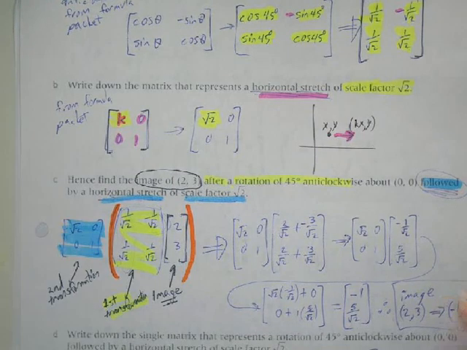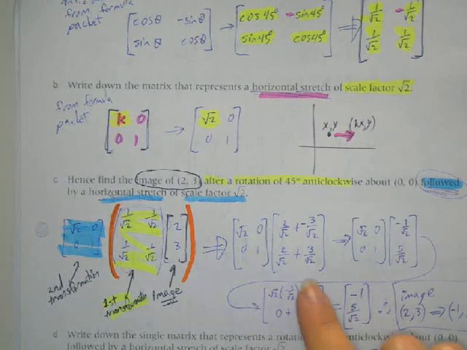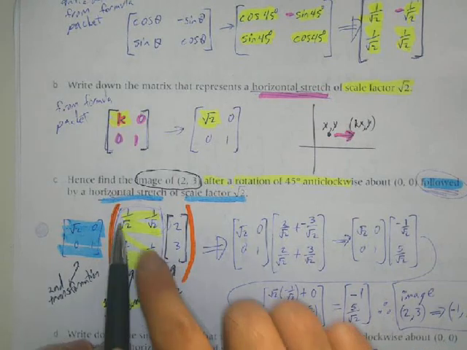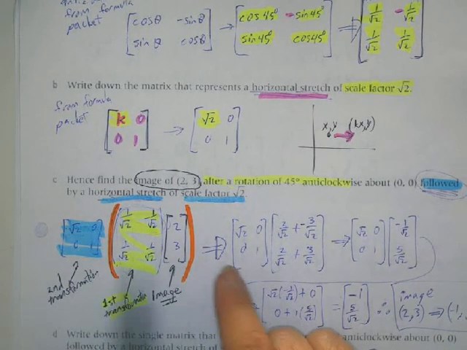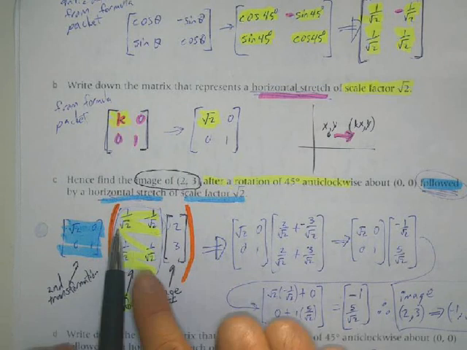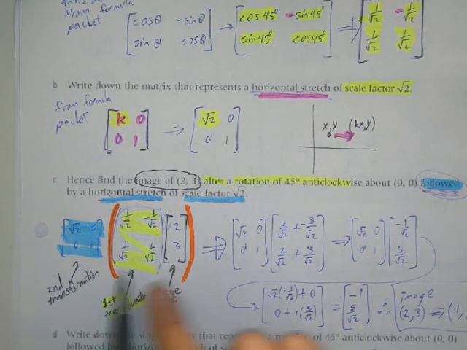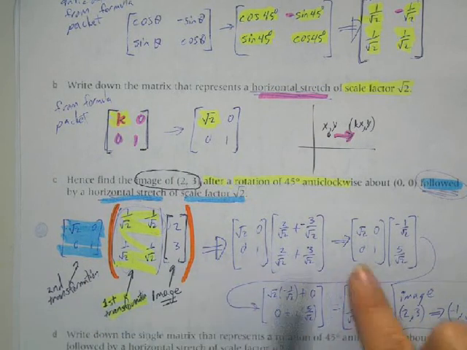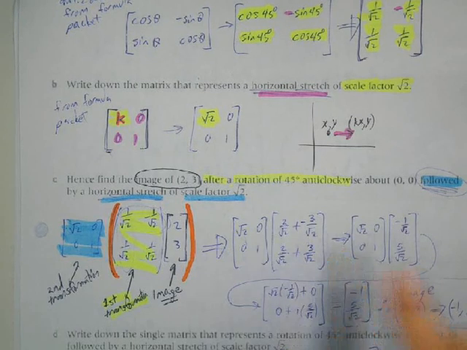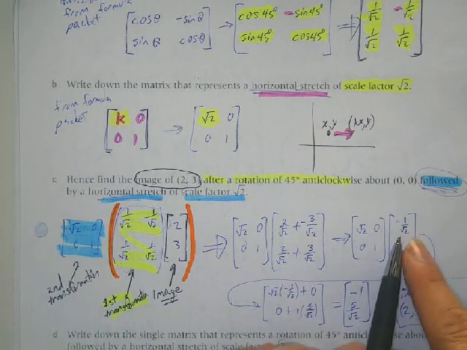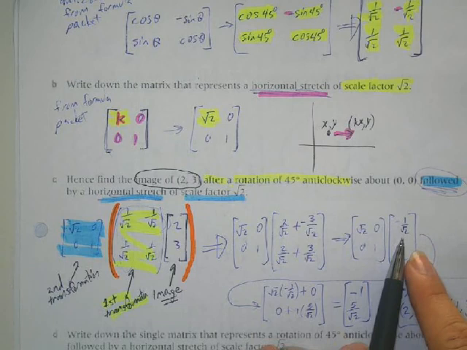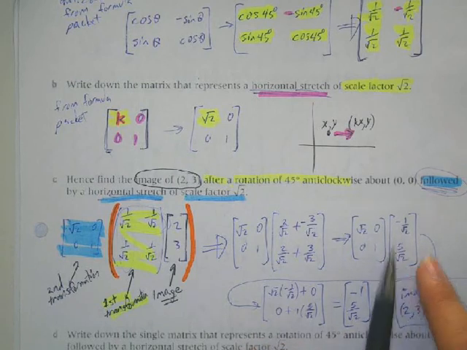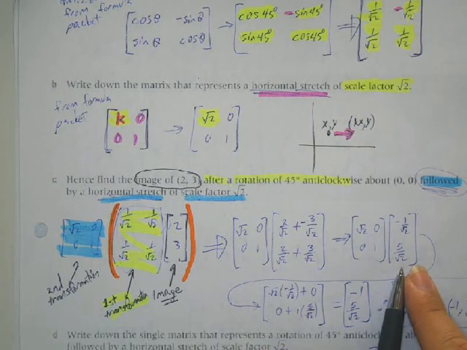So the first thing I do is multiply this transformation matrix times this image. Here are the steps, and I'm going to end up with negative radical 2, 1 over 2, negative 1 over radical 2, and 5 over radical 2.